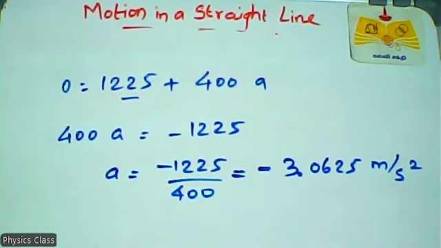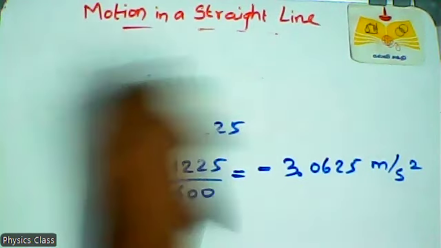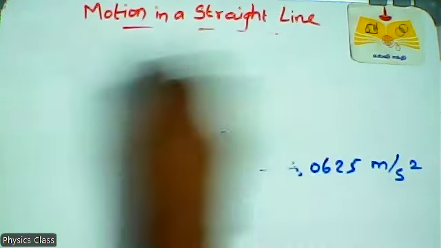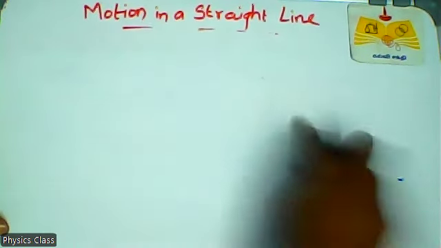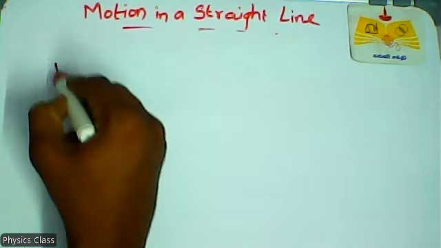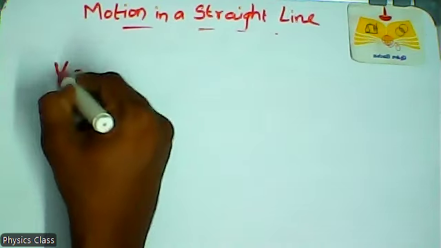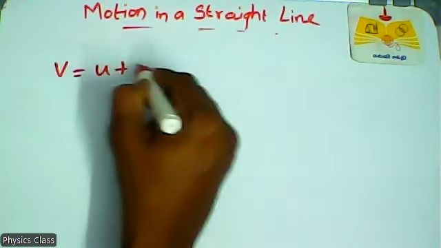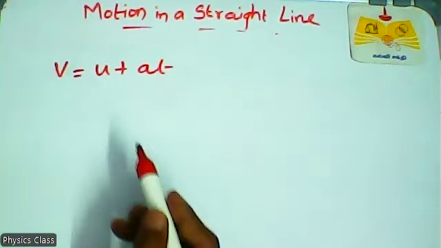That equation is v equal to u plus at. Already we have v, u, and a.